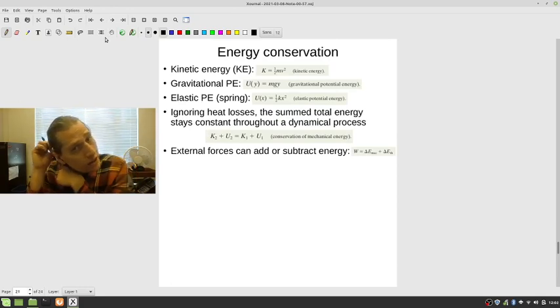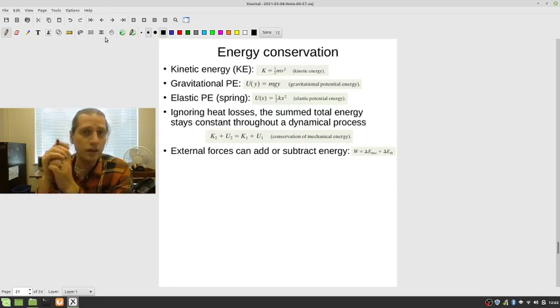Now, in this last part of Unit 2, what we've been doing is a radically different way of solving problems, where you stop thinking about the forces, and instead you just think about the energy being stored in one way or another.